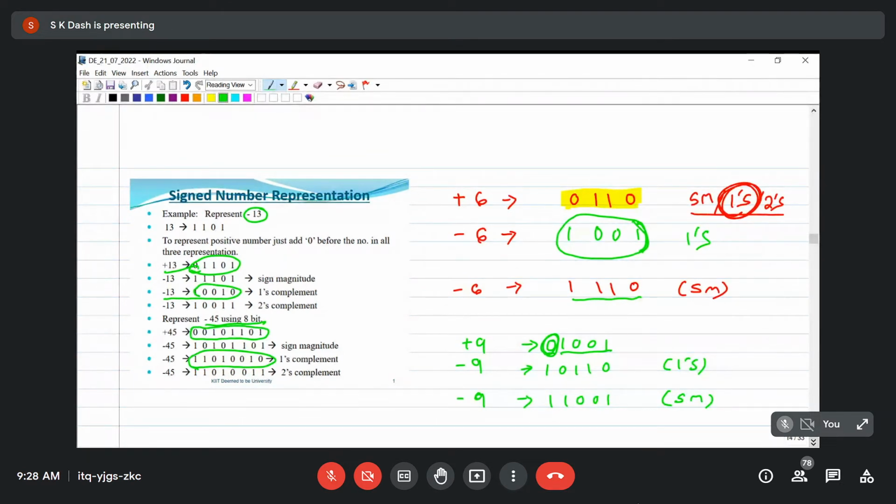Let us see now whether the problem we faced in sign magnitude is solved or not. Verify and tell. Is that problem solved using this representation?